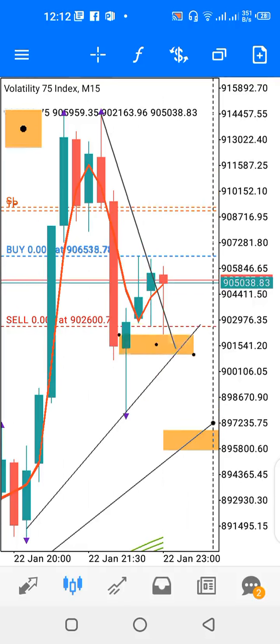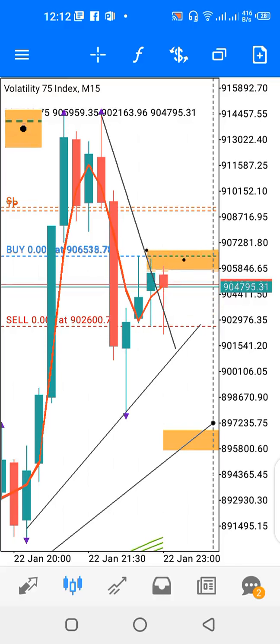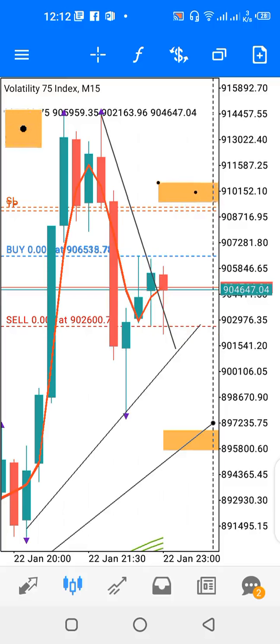Price broke out of my triangle, so it was a buy opportunity, but for it to continue up, it had to retest to give a strong footing or to leave a spike behind. Then it will leverage on that spike and continue up, which is what appears to be happening right now.